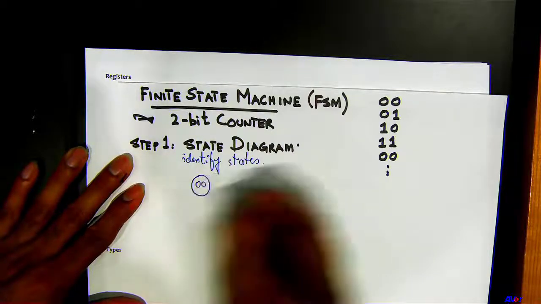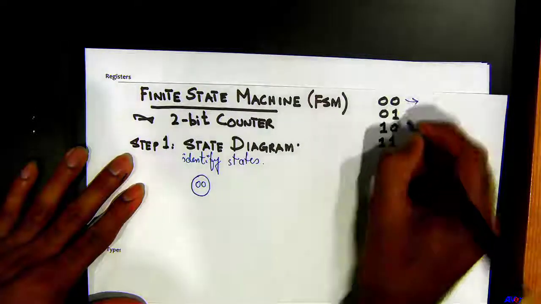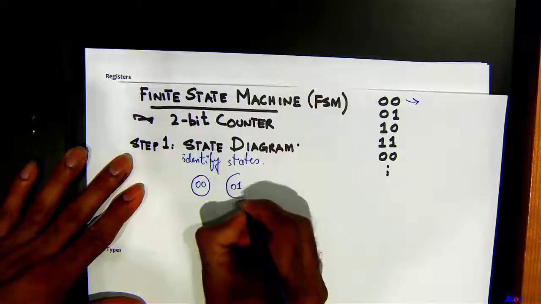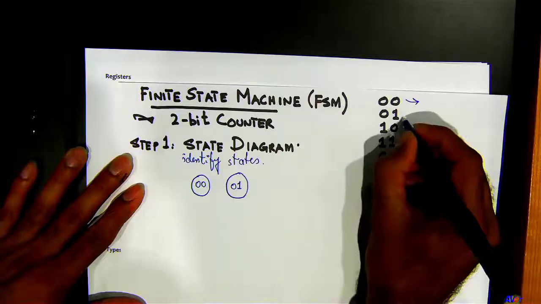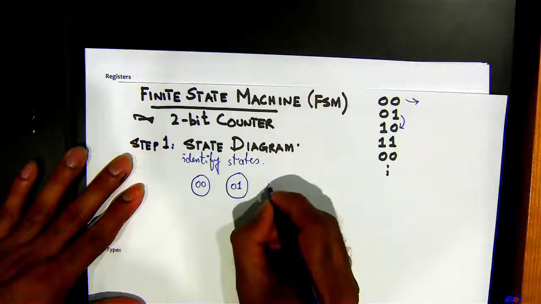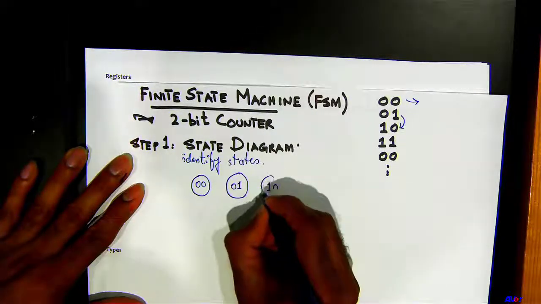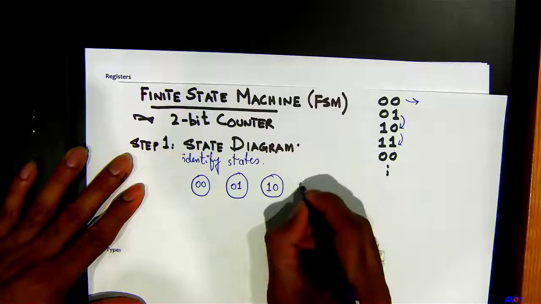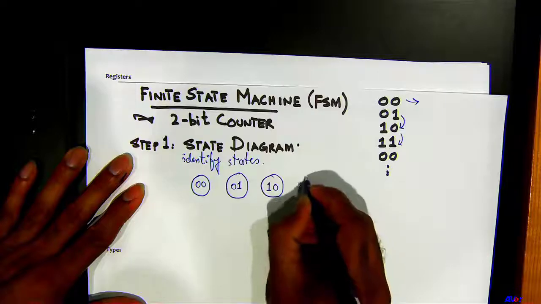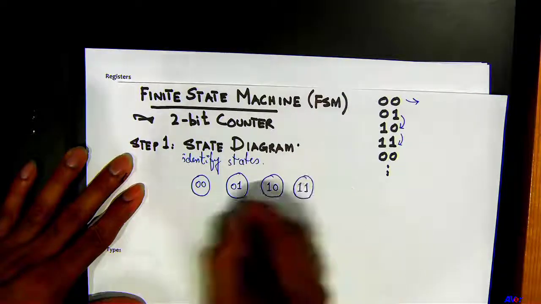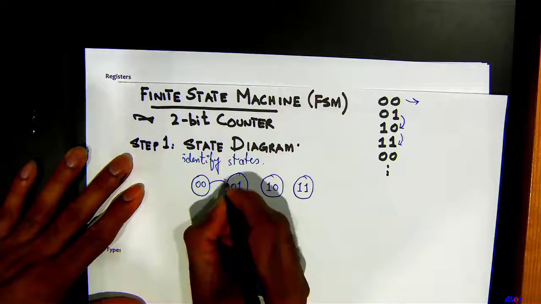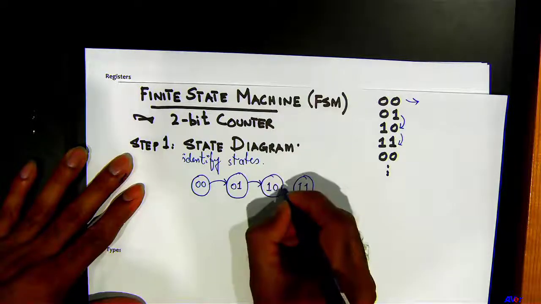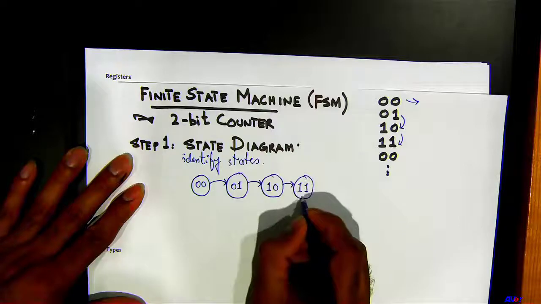Which will be 0 0, which is this state, and then the next state is 0 1, then the next state is 1 0, and then the next state is 1 1. Okay, so it will go from here to here, then 0 1 goes to 2, which is 1 0, then to 3, and after 3, where does it go?